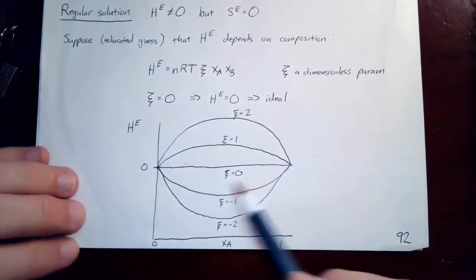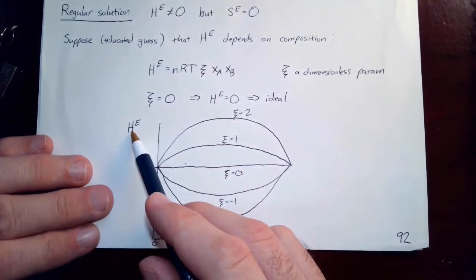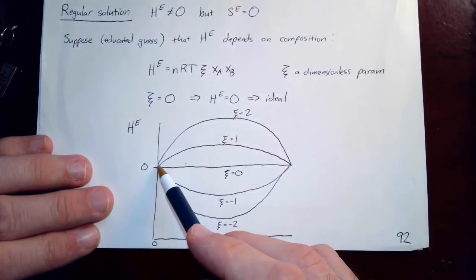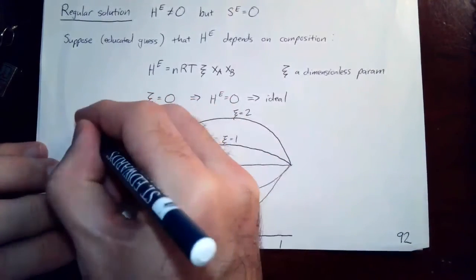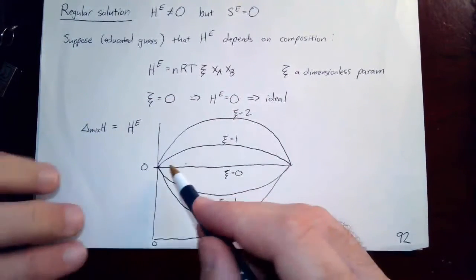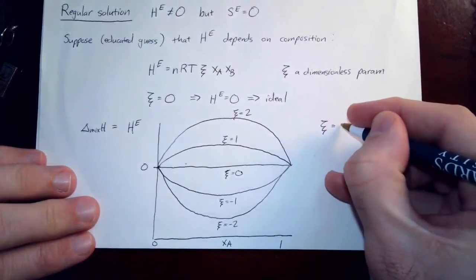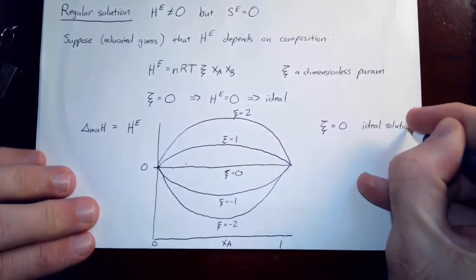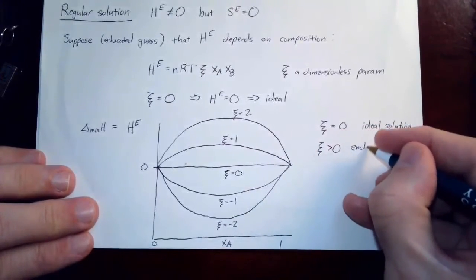As we pointed out a minute ago, if the excess enthalpy is positive, then that means the enthalpy of mixing is positive, because those two things are equal, which means that if we're positive here, it's endothermic. I just mentioned that C equals 0 is an ideal solution. If C is greater than 0, then we get endothermic mixing.